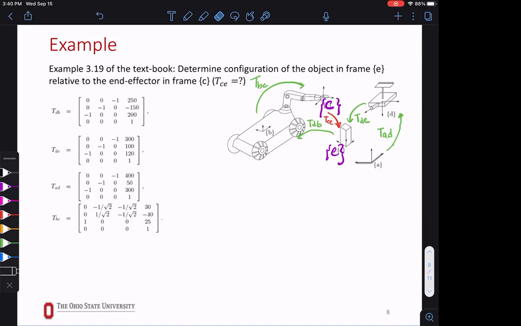No, no. Okay, do you remember the inverse of a transformation? I want you to write that in there. Actually, tell me what's the inverse of a transform. R transpose, negative R transpose P, 0 and 1.